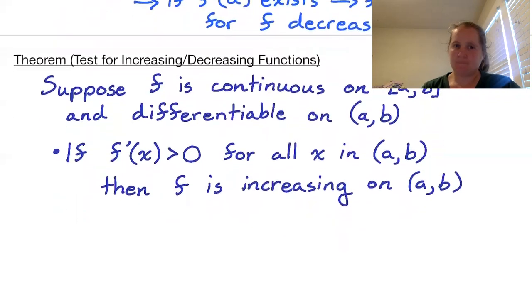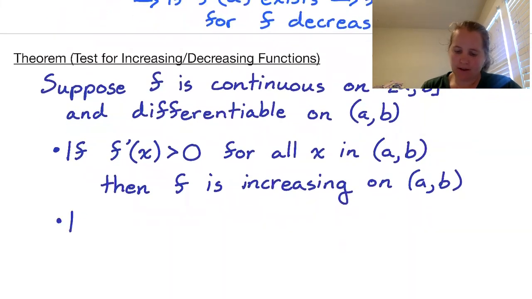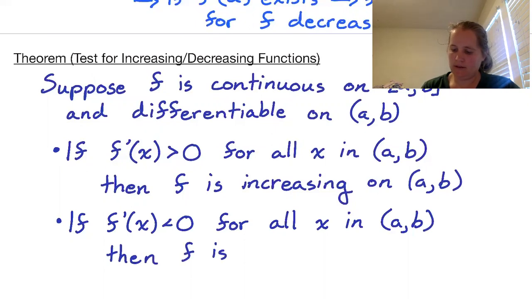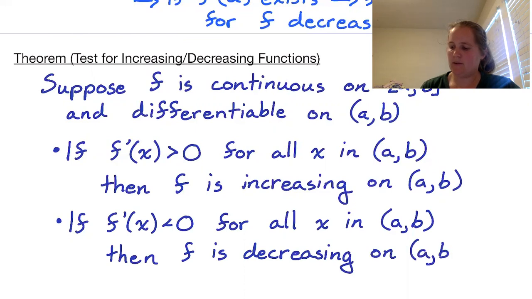Next up, if f prime of x is less than 0 for all x in the open interval (a, b), then f is decreasing on the open interval (a, b).